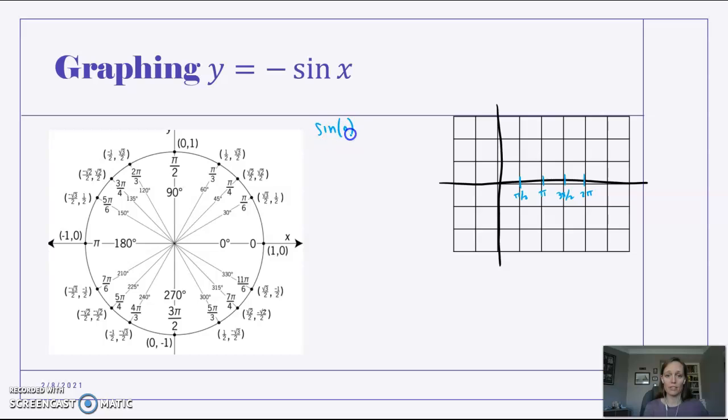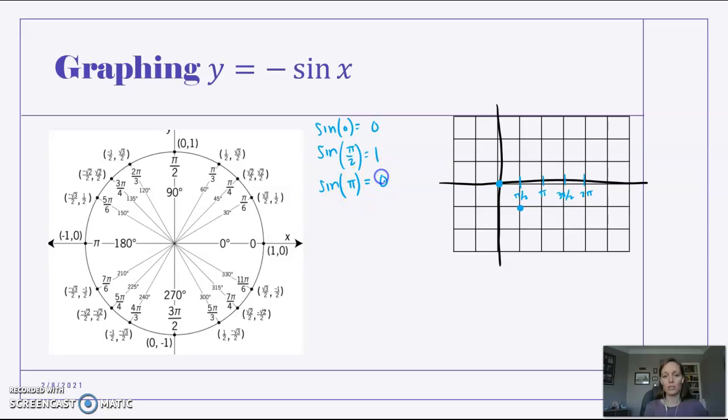So sine of 0 is equal to 0. If I make that a negative, it's still a 0. The next one, sine of pi over 2, is equal to 1. If I make that a negative, then now I'm going down to my minimum at negative 1. So start to think about how this graph is going to look.